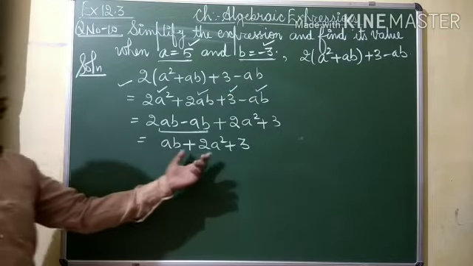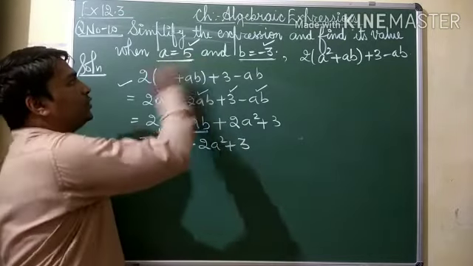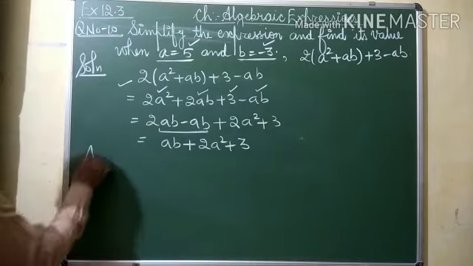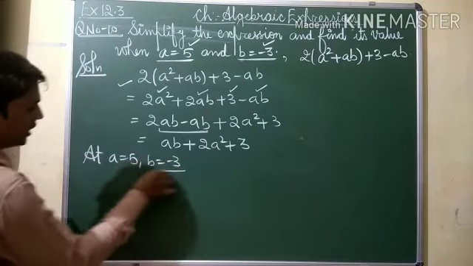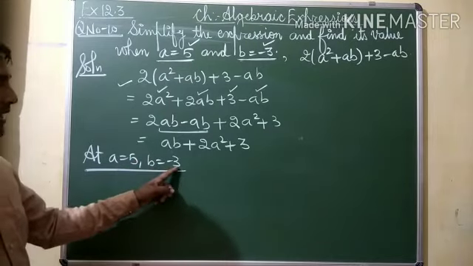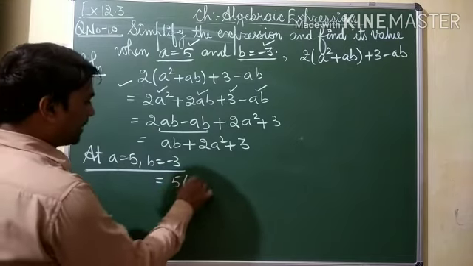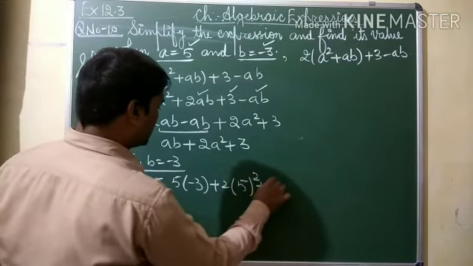Now find the value of ab plus 2a square plus 3 when a is equal to 5 and b is equal to minus 3. So at a is equal to 5 and b is equal to minus 3, putting the value of a is equal to 5 and b is equal to minus 3 in this algebraic expression, we get 5 into minus 3 plus 2 into 5 square plus 3.